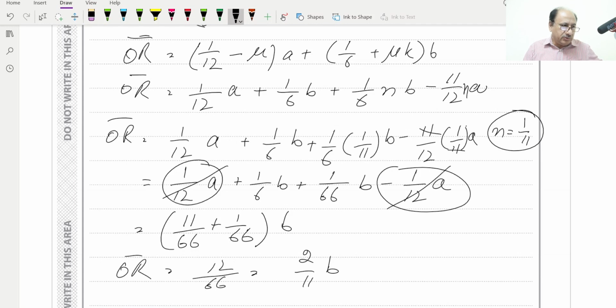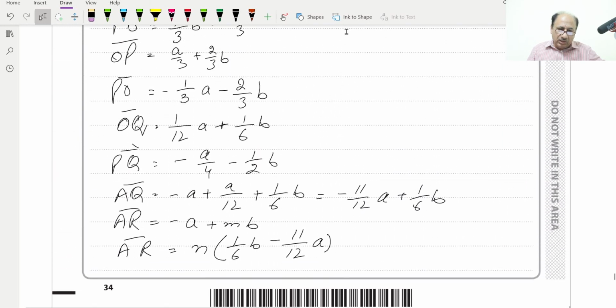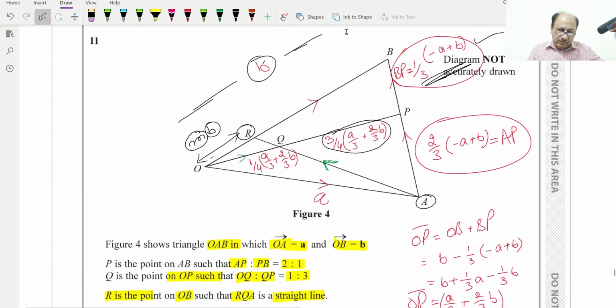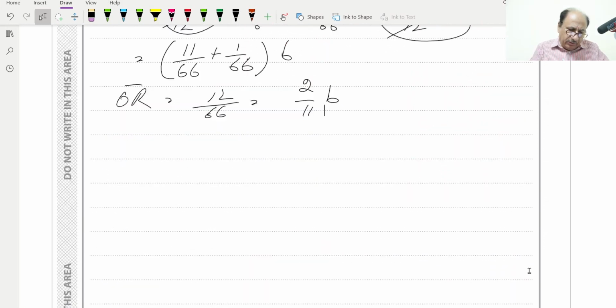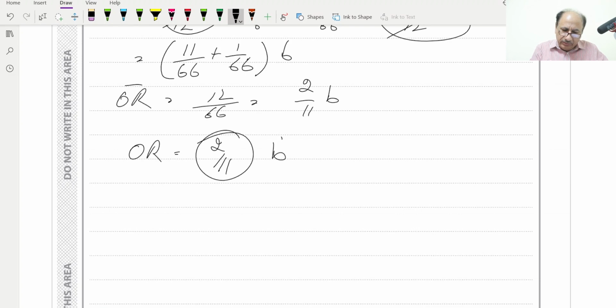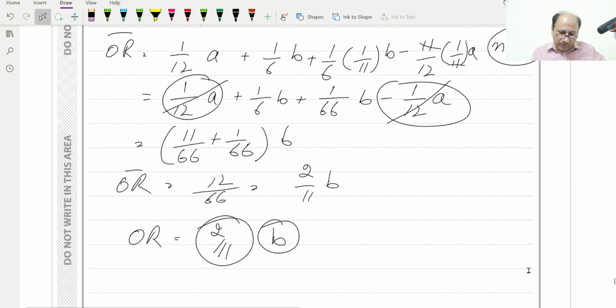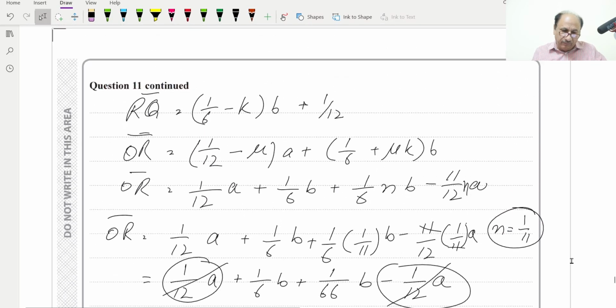Now what we can do, this will be OR, which we have taken from here. And now from here we come to know that OR is 2 by 11th portion of total b. So OR is 2 by 11 portion of b.